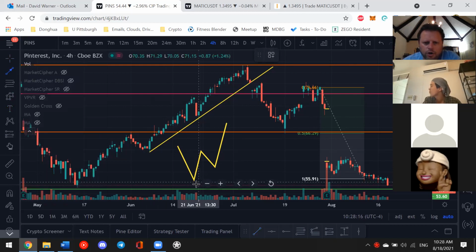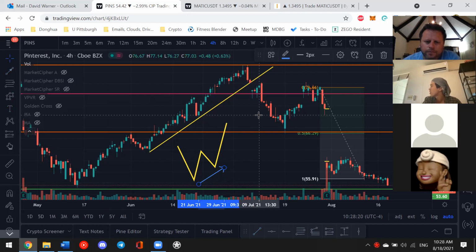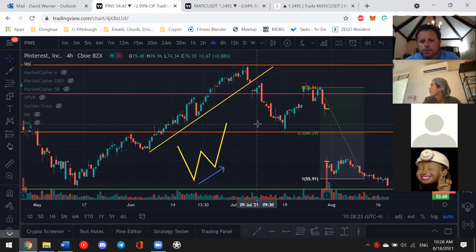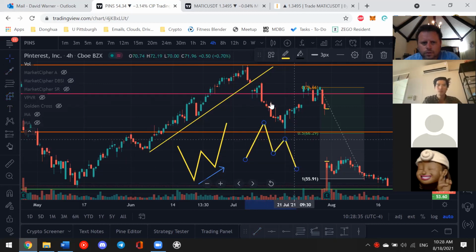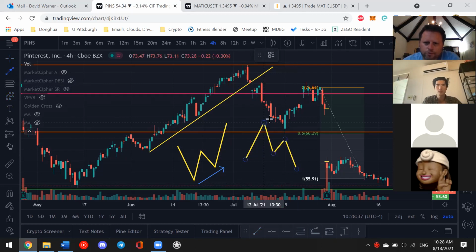Here it is. The price on the bottom is going up. That's a W. And M is the opposite, where the price, looking at the top, is going down.